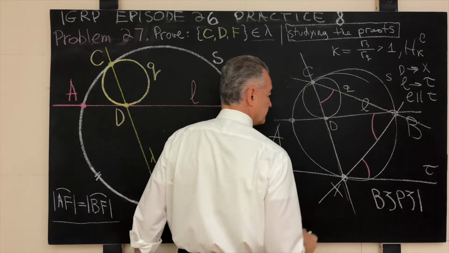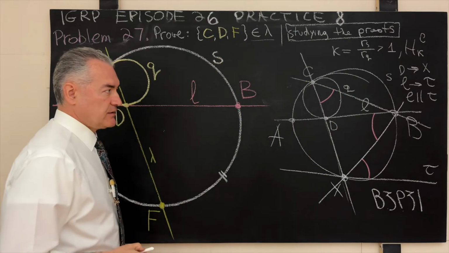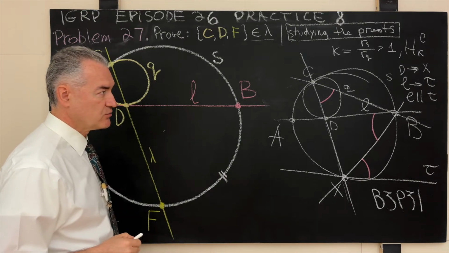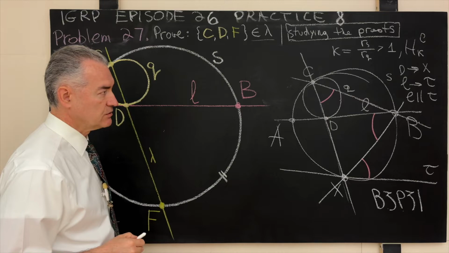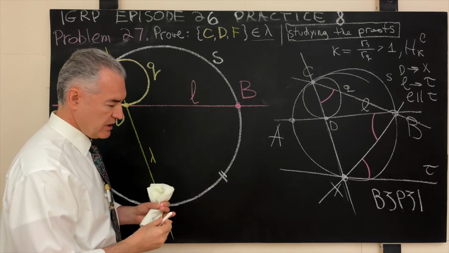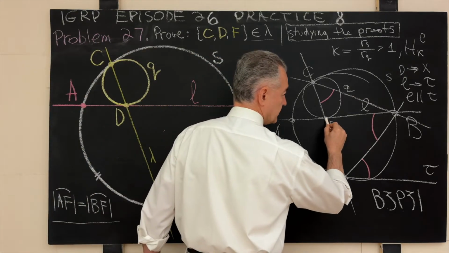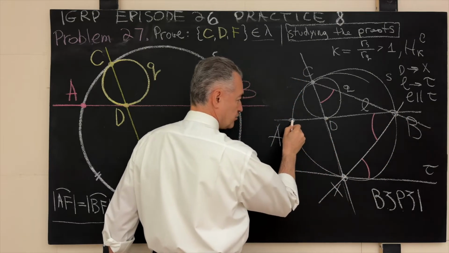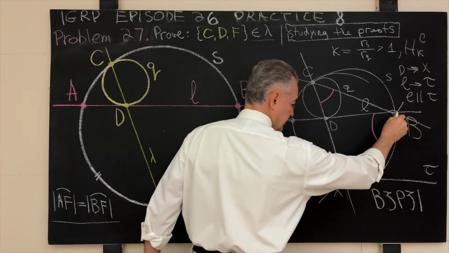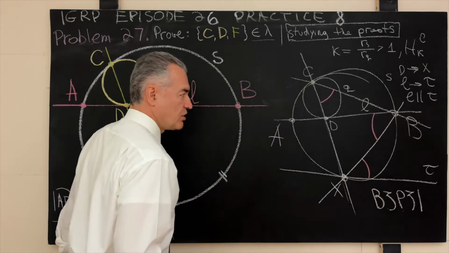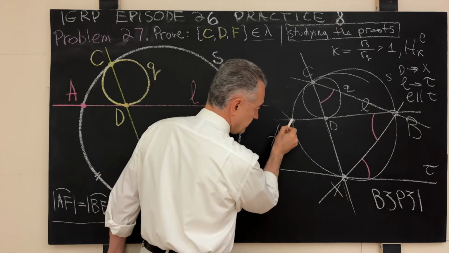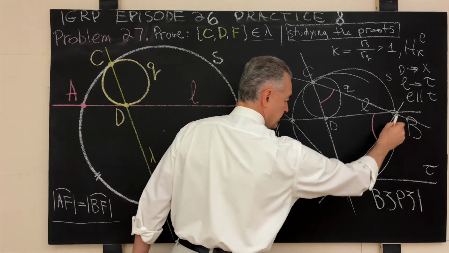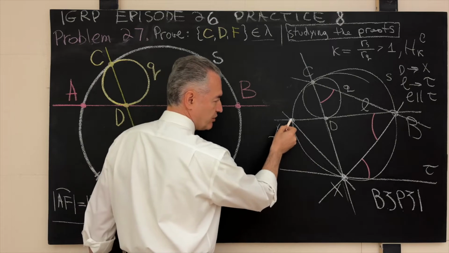And what other favorable conclusion can we make over here? Well, look at this. Our angle, if you will, DBX, this angle, extended into angle ABX, subtends which arc? It subtends this arc right here. So the angle ABX stands on this arc right here.